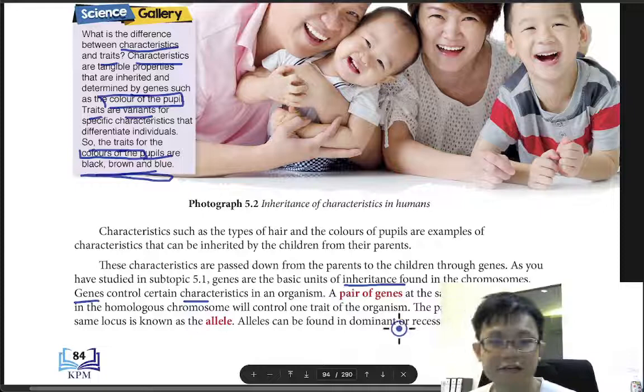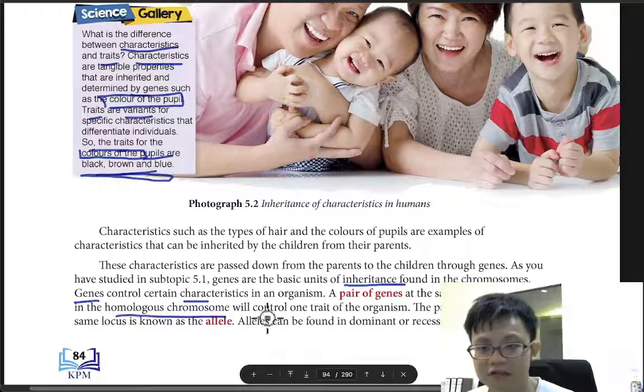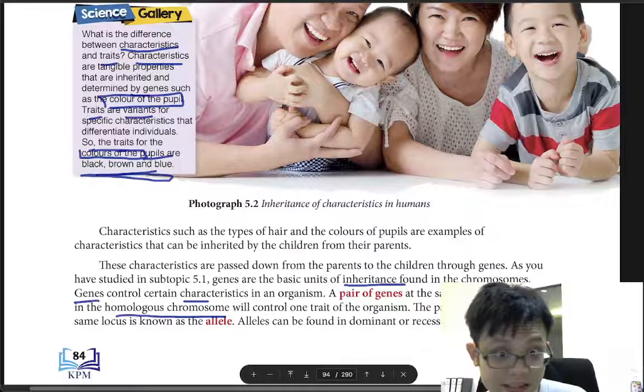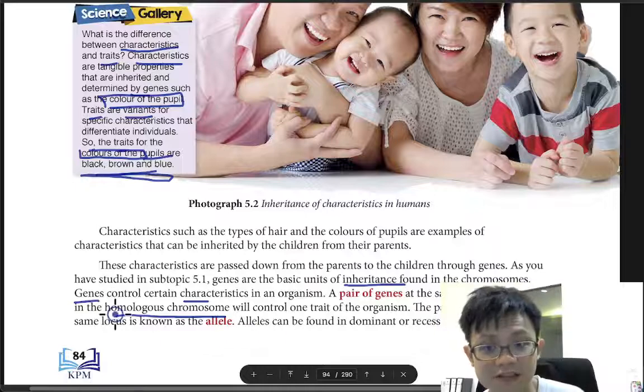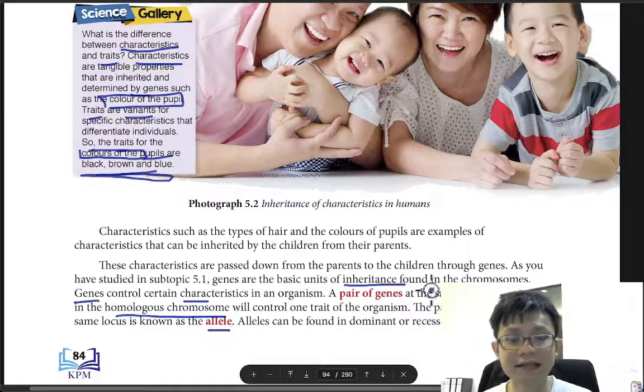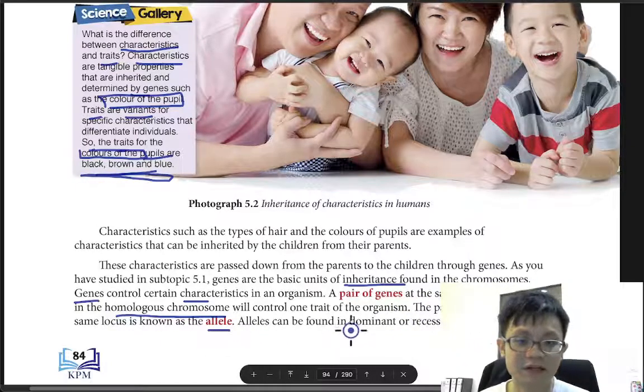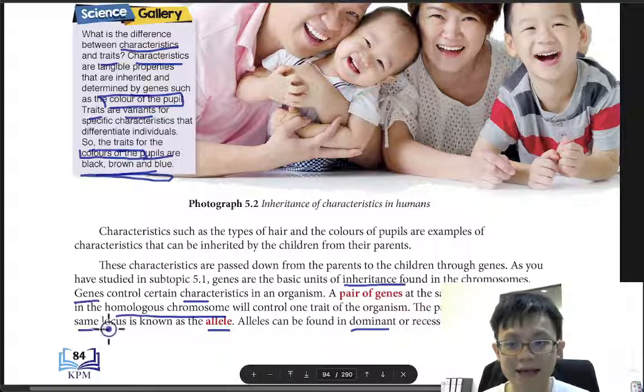When talking about homologous chromosomes, it is about meiosis. The pair of genes at the same locus is known as alleles. Alleles can be dominant or recessive.